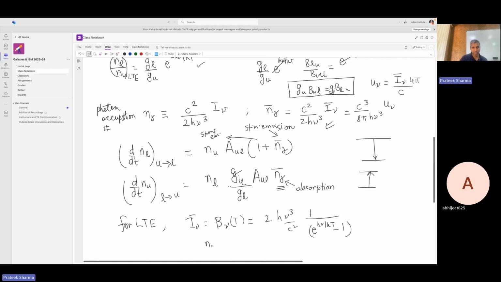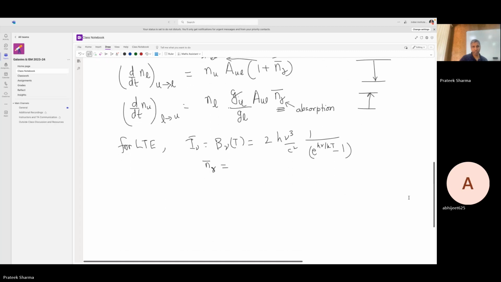In LTE, n gamma bar is equal to 1 by e to the h nu by kT minus 1. So in equilibrium, the photon occupation number is given by this.